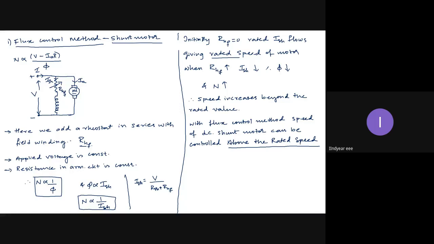There is a limit. Theoretically, I can increase the speed up to a 3:1 ratio, at the max 3 times the rated speed, not beyond that. If the machine is of 1000 RPM rated value, I can increase up to 3000 RPM theoretically.